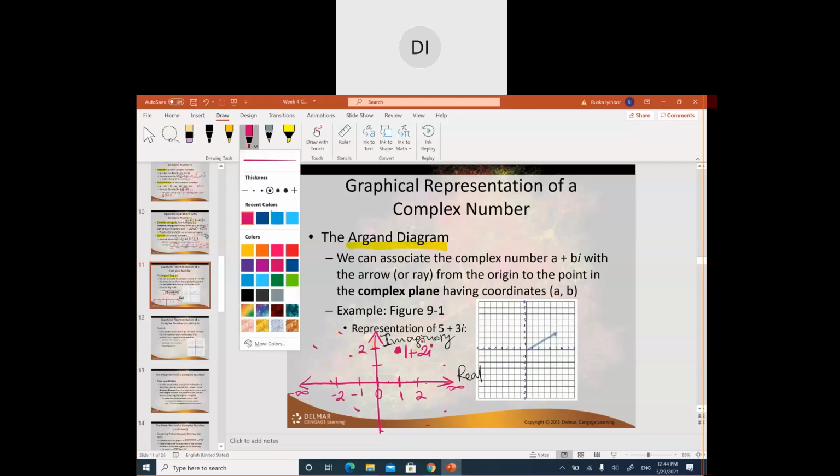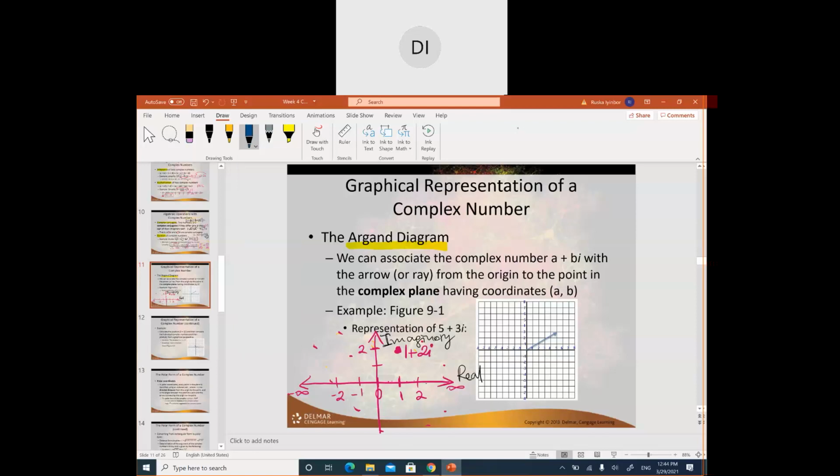Now, if I pick another point, let's pick this point here. This point has coordinates going to the real and imaginary axis. So it has negative 2 real and 1 imaginary. So this point is the graphical representation of the number negative 2 plus 1i.